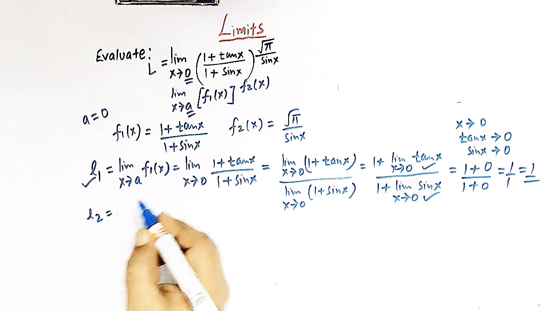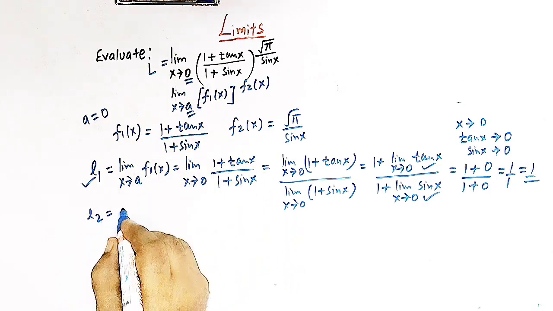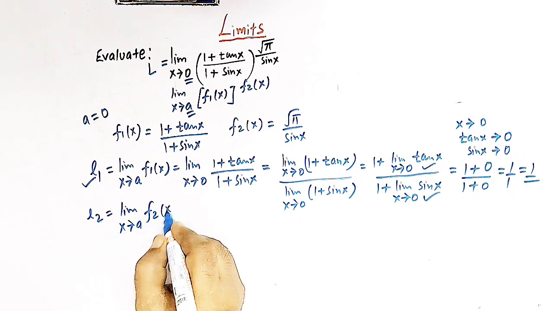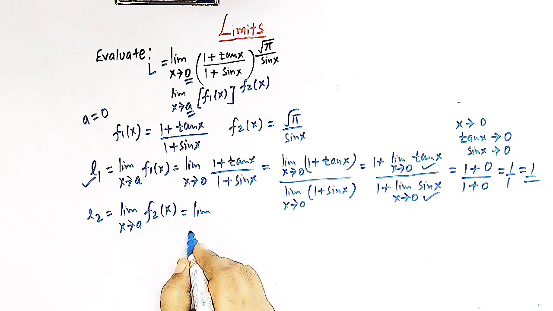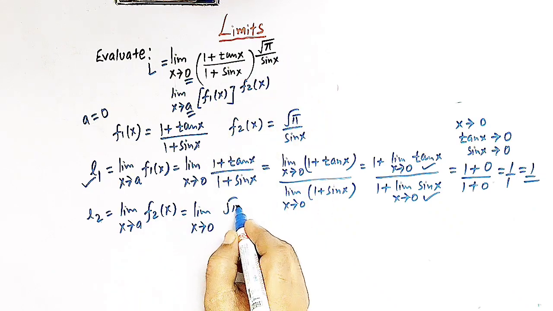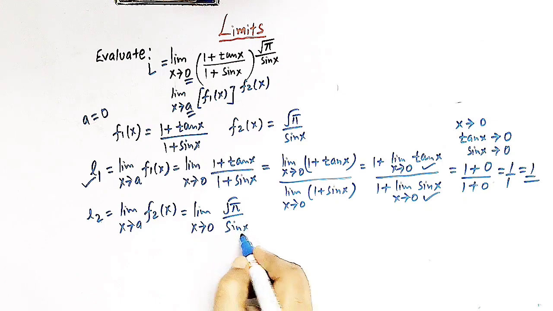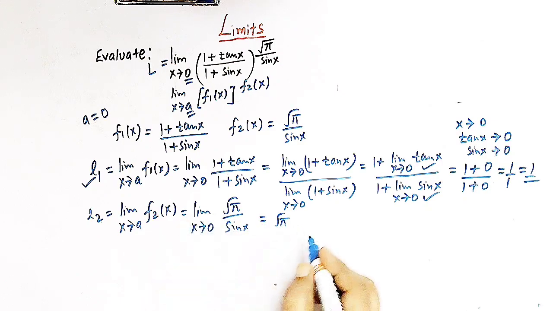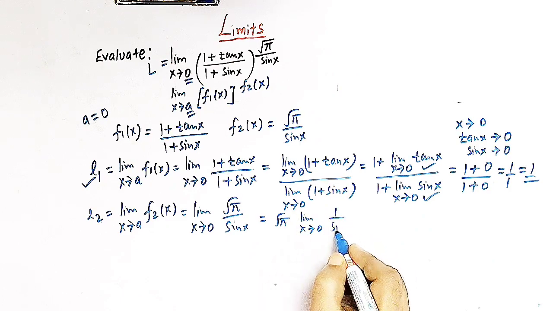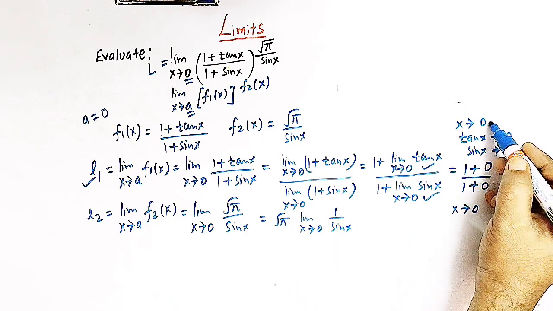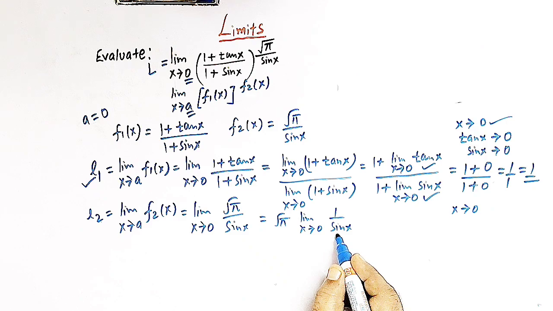Now let us calculate L2. So we have L2, limit x tends to a of f2(x), and here we have limit x tends to 0, and f2(x) is square root of pi over sin x. Now here we can write square root of pi in front of the limit notation, and we have limit x tends to 0 of 1 over sin x. Now see, when x tends to 0, then sin x tends to 0, right?